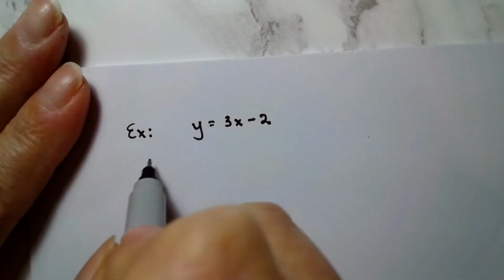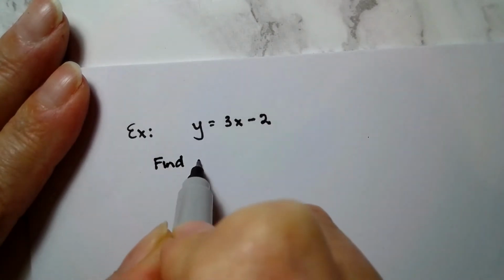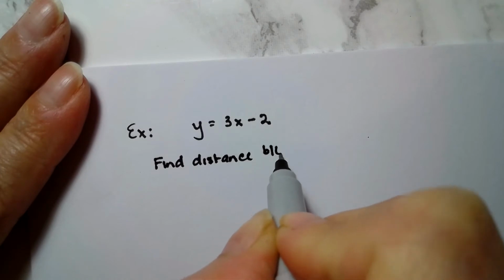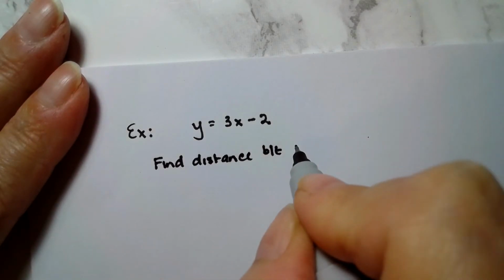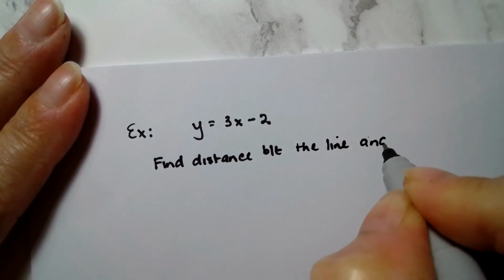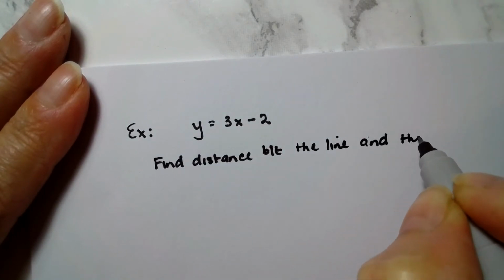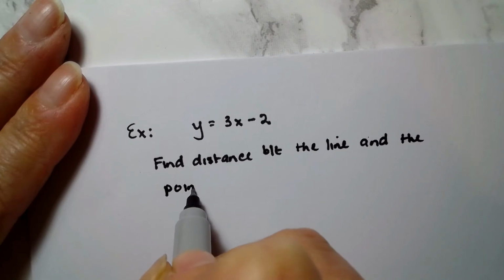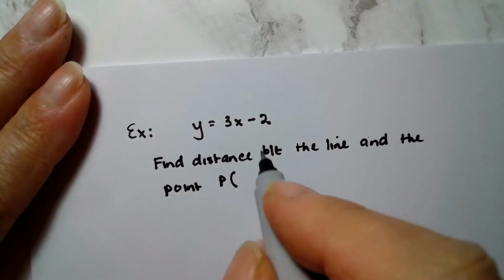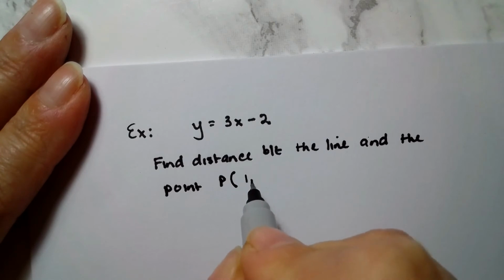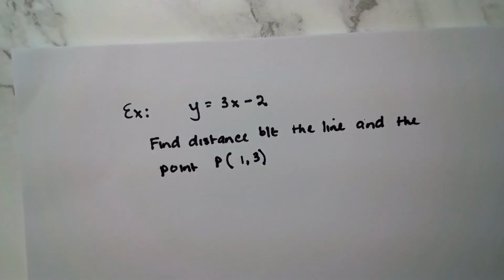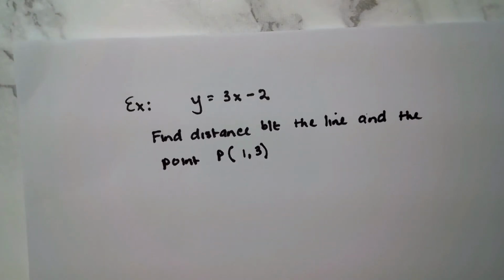I want you to find the distance between the line and the point P, which is, I don't know, (1, 3). Well, now I already have the equation of the line, so this is going to make it easier.